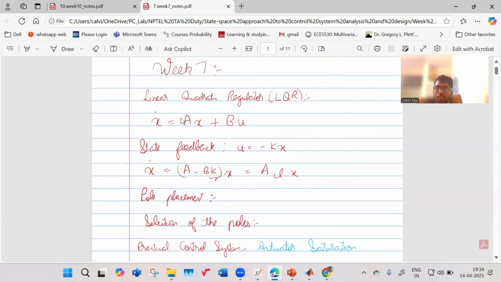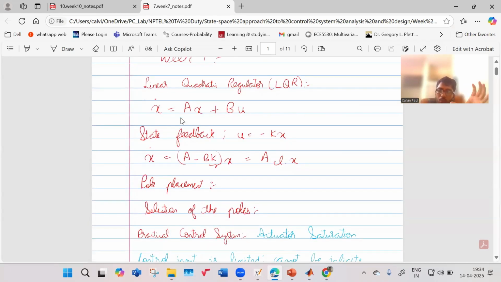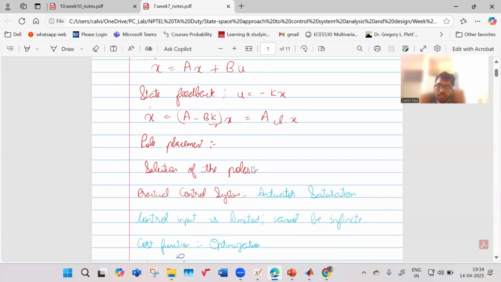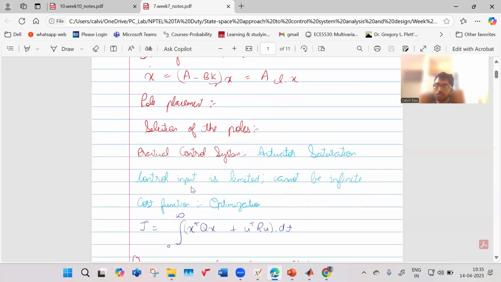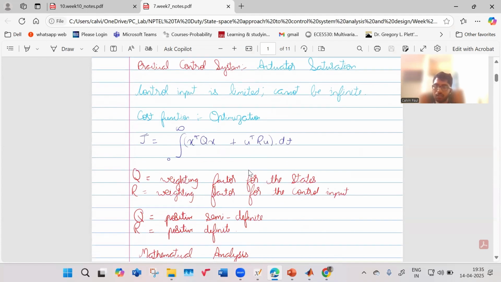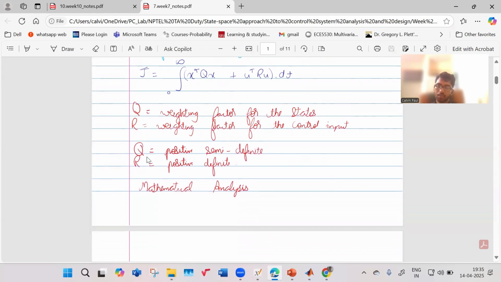Week 7 is about the linear quadratic regulator state feedback. How do we know where to place the poles? If we have many criteria, then we can use LQR to place the poles. The control input is limited, it cannot be infinite. Cost function optimization: we optimize a certain cost function. There is a weighting factor for the states and a weighting factor for the control input.